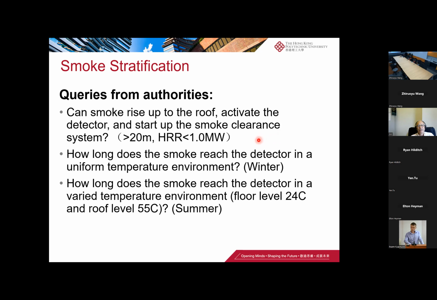But the smoke clearance system is not to provide you a smoke clear height based on the plume model, but to clear the cold smoke after the fire. This is the difference between the smoke clearance system and the smoke control system.